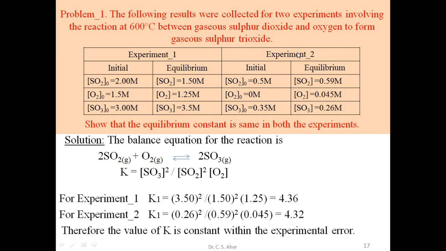Experiment number 2 is a reverse reaction in which SO3 is converted into reactants. So this K1 is a rate constant for the forward reaction, and the other K1 for experiment number 2 is a rate constant for the reverse reaction. And we know theoretically that at equilibrium the rates of forward and reverse reactions are equal. Due to experimental error we have this error in values.